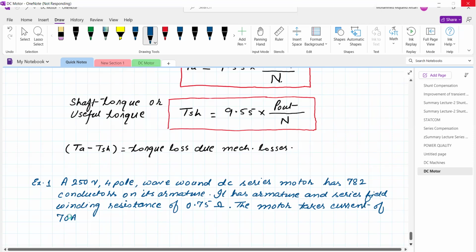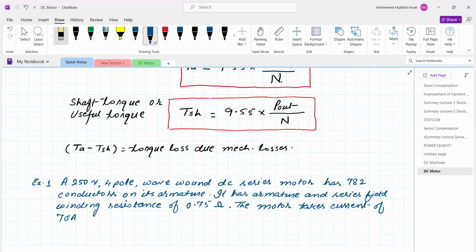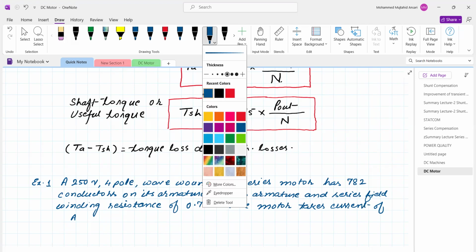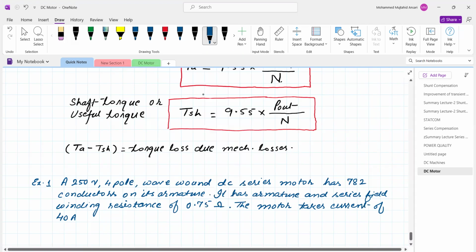Estimate the speed and gross torque developed if the flux per pole is 25 milliweber. The current is 40 ampere.